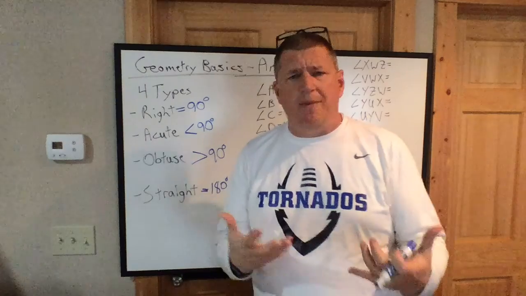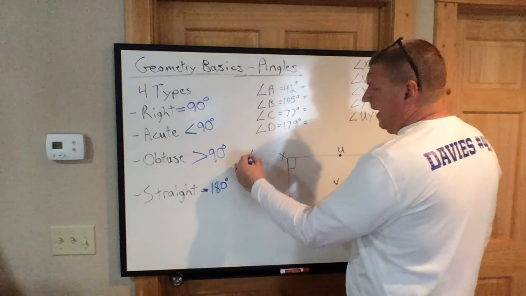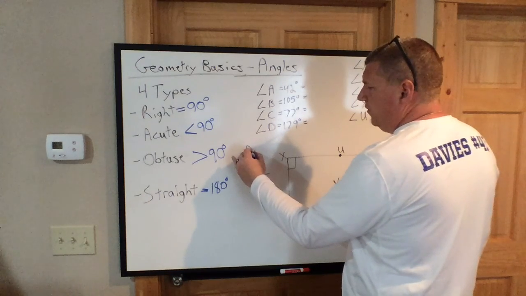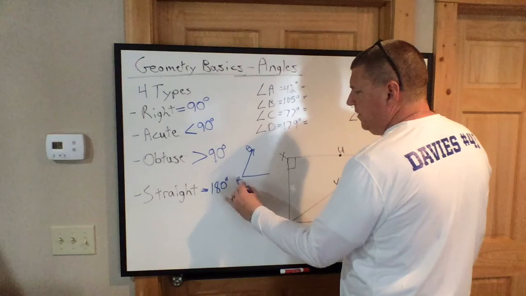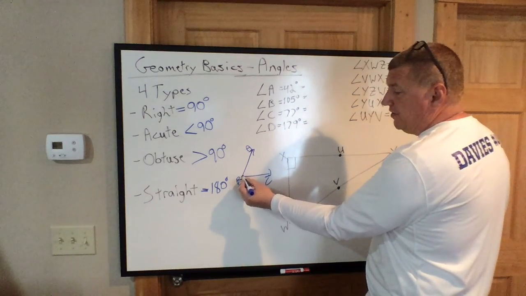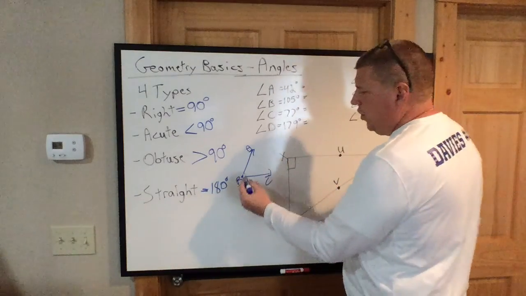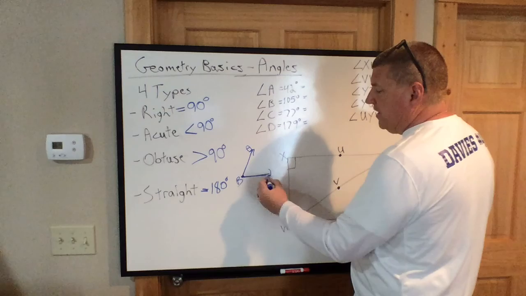Okay, we talk about the parts of an angle. When we look at an angle, okay, we'll call this one angle A, angle B, or angle ABC. Okay, and it's basically two rays that we've talked about in other videos, two rays that start at letter B, ray BA and ray BC.